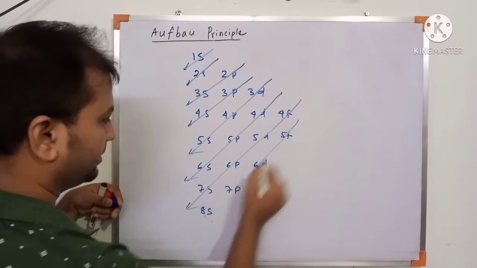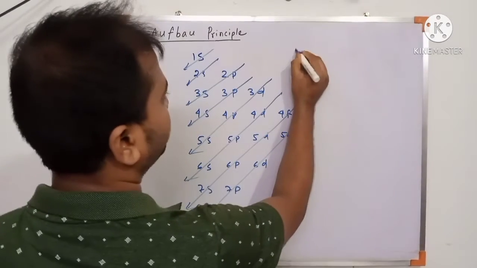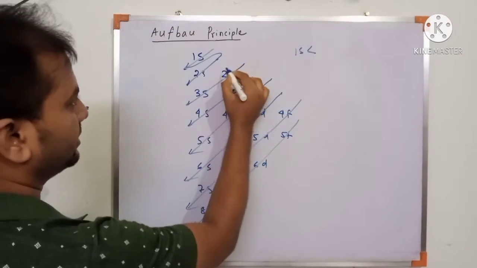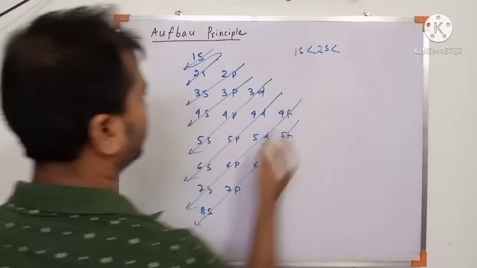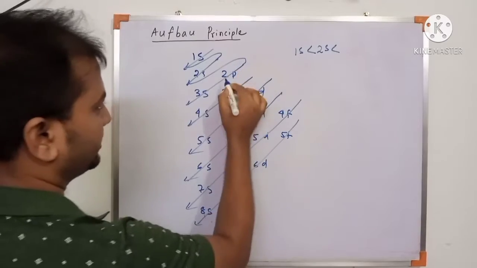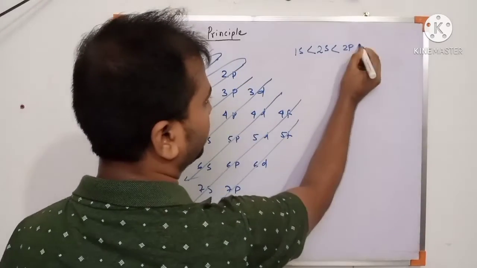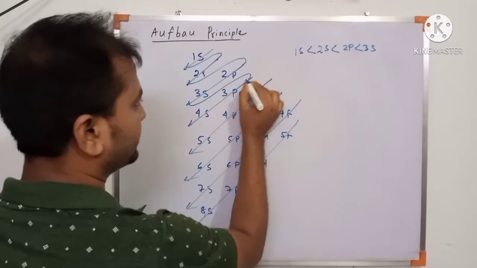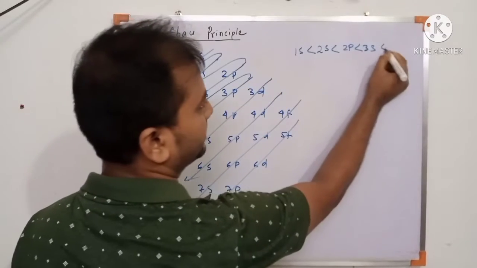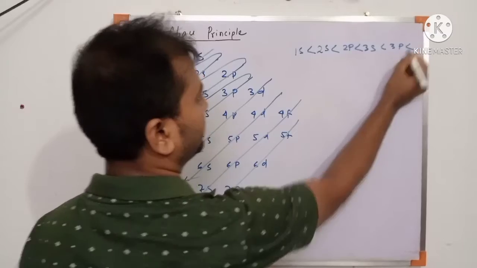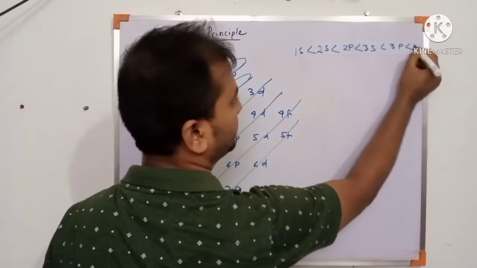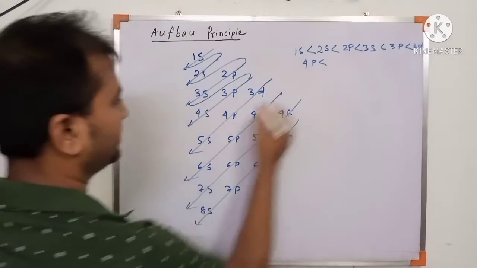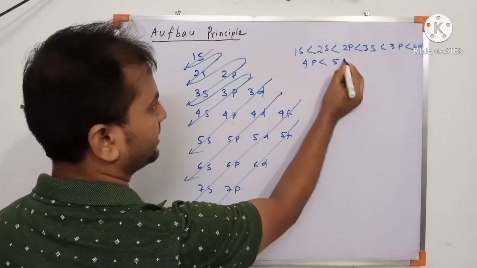The energy order is first 1s, then 2s, then 2p, then 3s, and similarly 3p, then 3d, then 4s, then 5s.